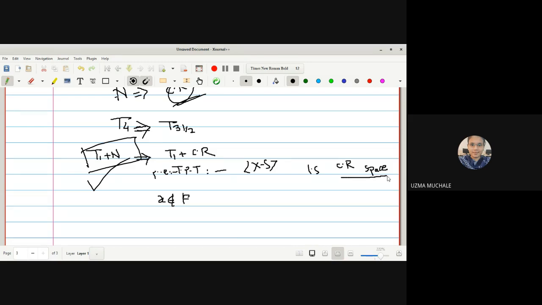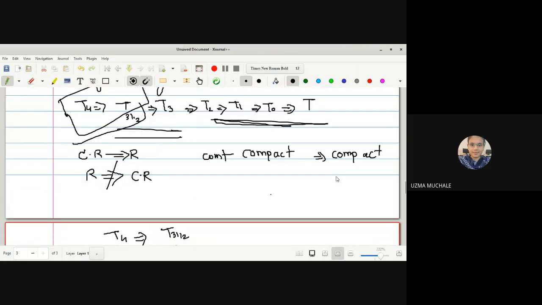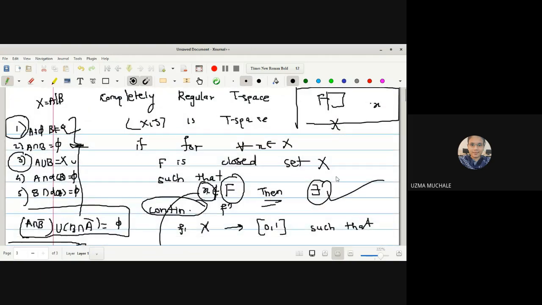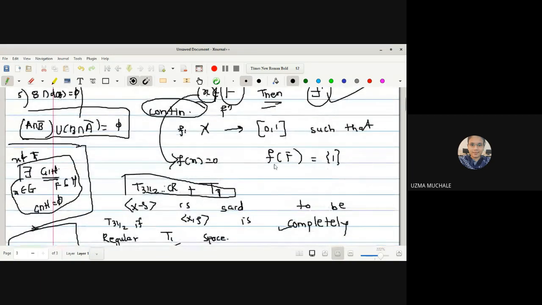We have to find a mapping f. In the definition of completely regular, what is compulsory? You should have one continuous mapping f from X to the closed interval [0,1] such that it maps the element x to 0 and it maps the closed set F to the singleton 1. Correct?